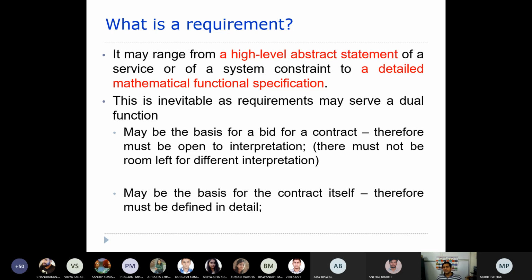That means the requirements are developed so as to be used for bidding purposes, right? So the contractor is going to bid against these requirements. That is the reason why there should not be any different interpretations. It should have only a single interpretation. That means the document should be very precise and accurate.